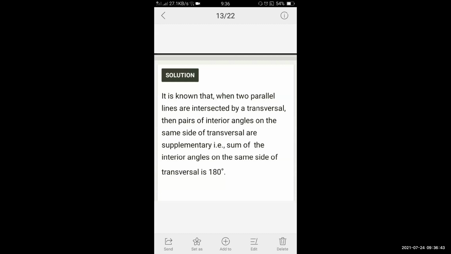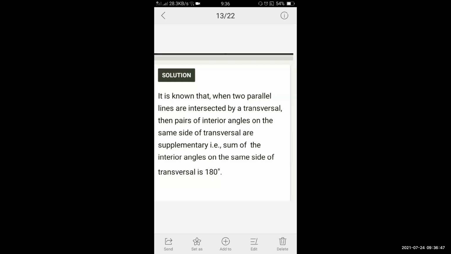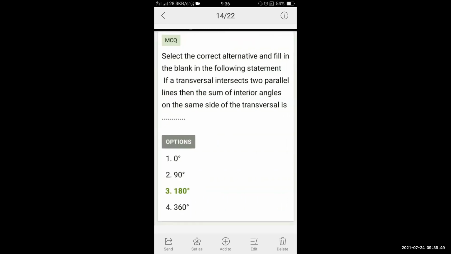In the exam, there will be A, B, C, D, the 4 options: option A, option B, option C, and option D. And out of that, what will be the right option? You have to just write the answer.